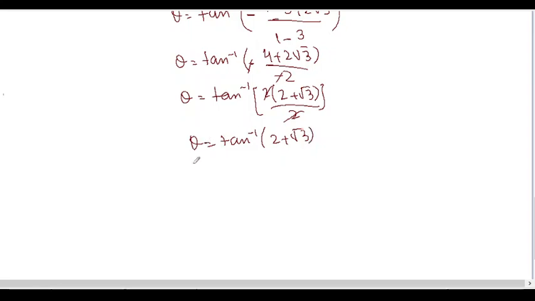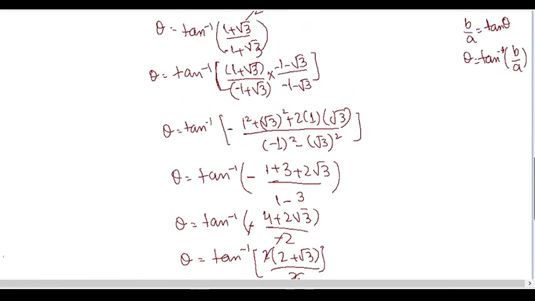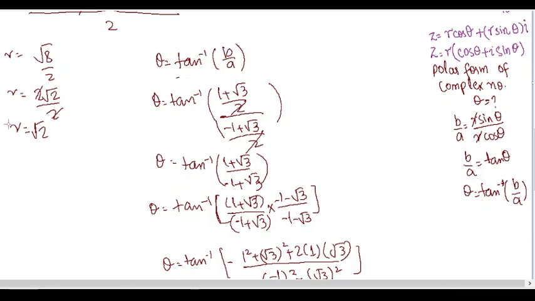This is your theta. Now we know that the polar form is z equals r into (cos theta plus iota sin theta). Now we are going to write here the values of r and theta. Theta is this one, and the value of r is this one, r equals square root of 2.